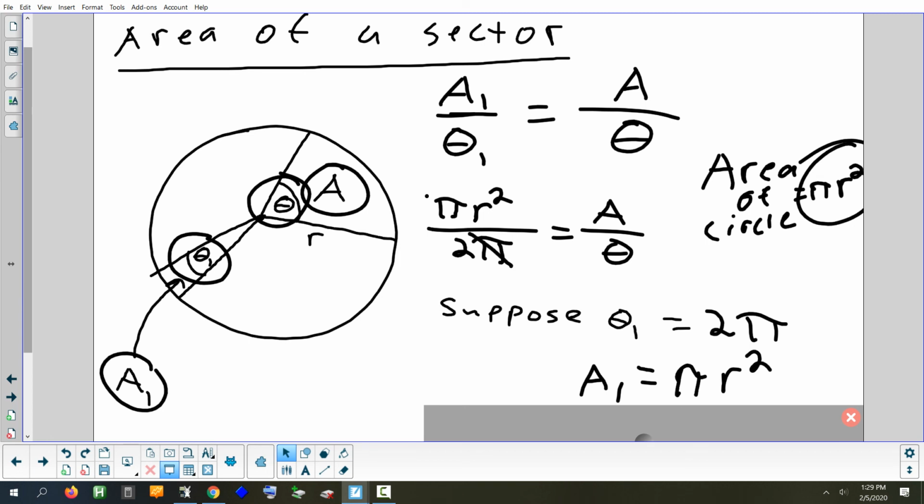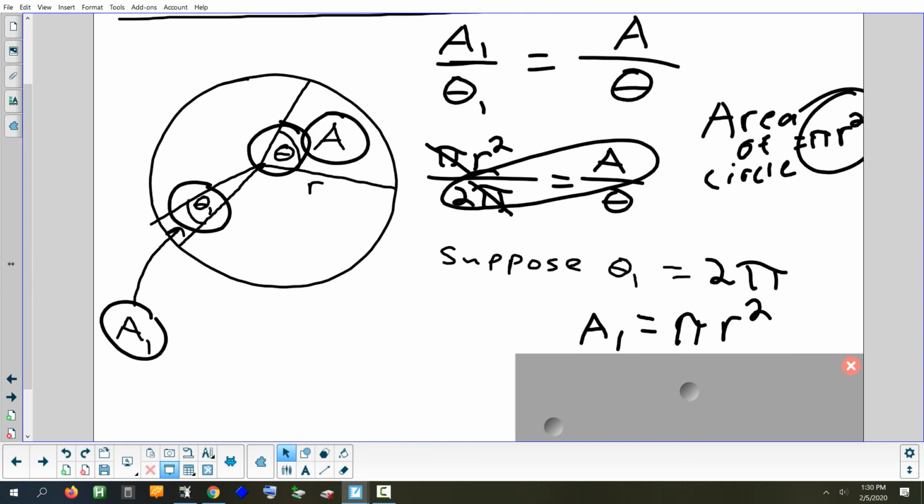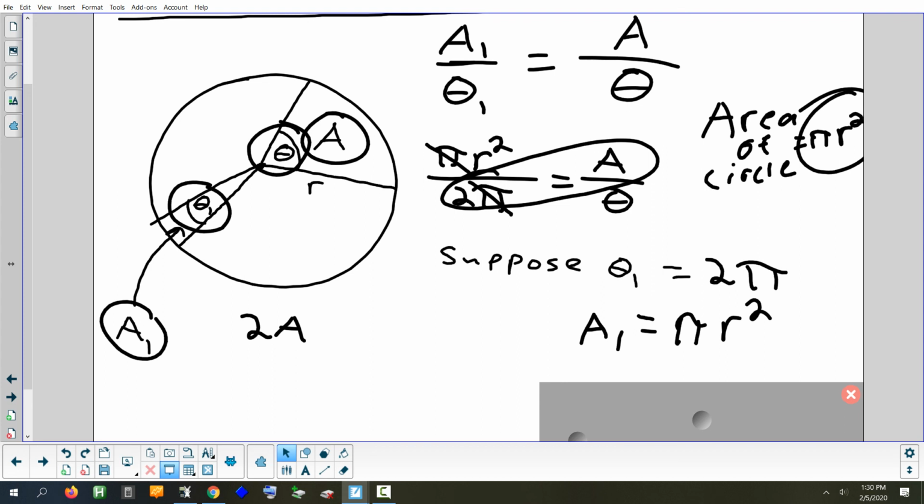Pi's are gone. So now when you cross multiply, all you have is, put it down here, 2 times A equals, and then cross multiply this way. R squared times theta.